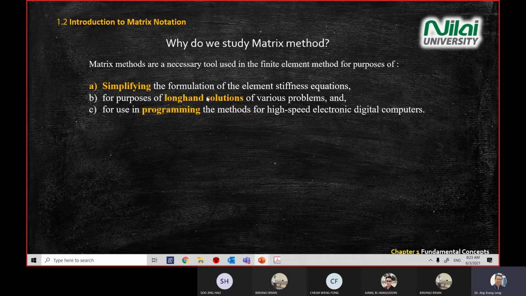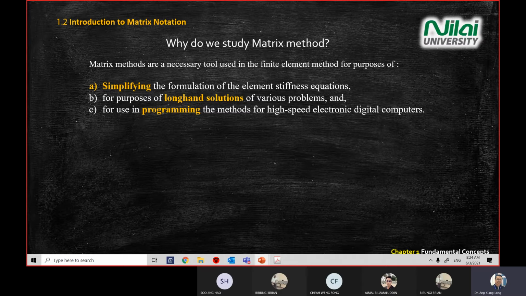Longhand solution means a very lengthy equation, but through matrices, through superposition, through determinants and all this, you're able to see the nature of the question, the problem that you have, whether the problem can be solved or cannot be solved.